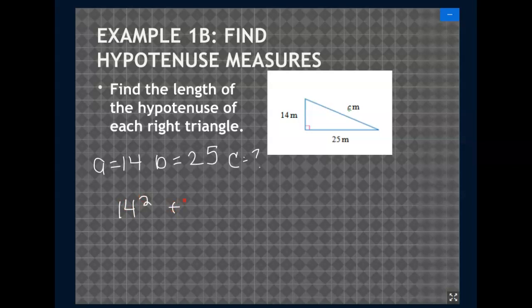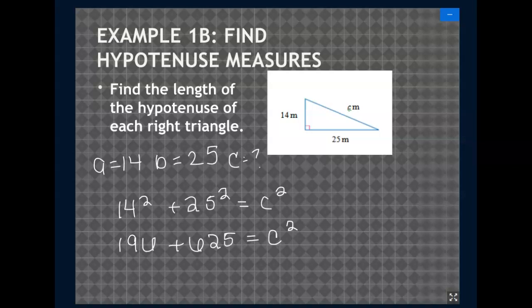And then you have 14 squared plus 25 squared equals C squared. 14 squared is 196. 25 squared is 625, equal to C squared. So when you add them together, you get 821. And that is not a perfect square.